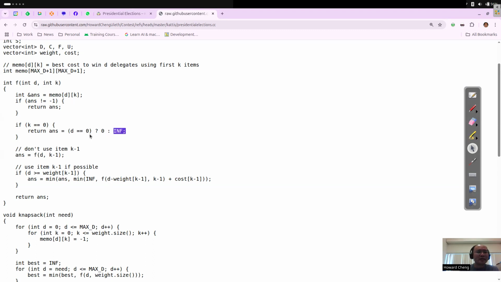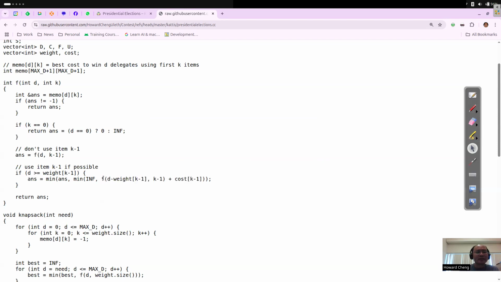Otherwise, it's infinity. I have to tell you what infinity is later. Otherwise, it's possible two things. Either don't use item k at all, or k-1 at all, or use it if possible, and you use it only if it is possible. If the weight of that item is less than or equal to the weight that you're trying to form, and then you recursively call this, which is what I wrote.